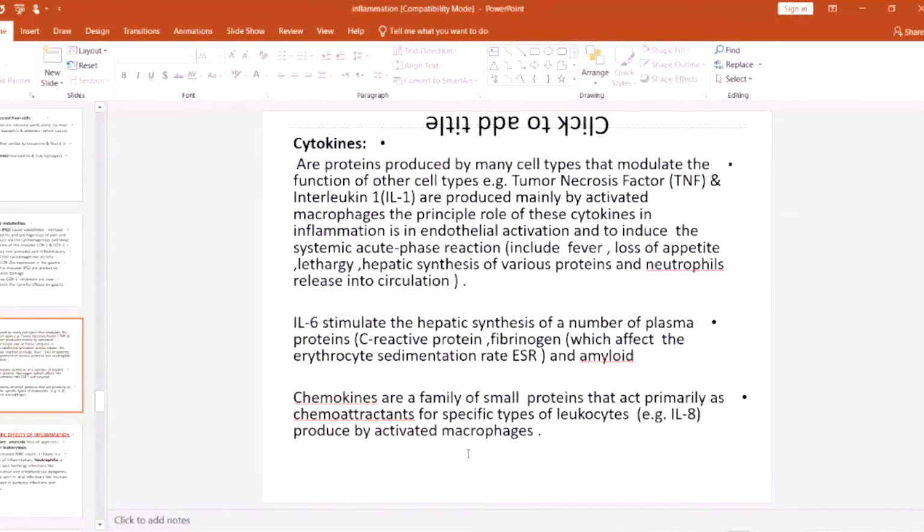Cytokines are proteins produced by many cells but mainly macrophages. We have tumor necrotic factor and interleukin 1, which are responsible for the acute phase reaction. We have interleukin 6, which stimulates the liver to produce other proteins, for example C-reactive protein, fibrinogen and amyloid. And interleukin 8, which is important for chemotaxis.